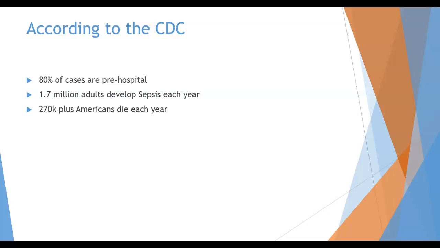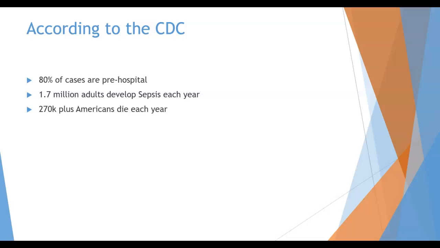So that means we are hitting a very high majority of these folks. Now, whether we catch them all, that's a different story. But more often than not, when the hospital sees a sepsis patient, they were septic when we got them. And that's important for us to understand, I think, because that's a big chunk of people.